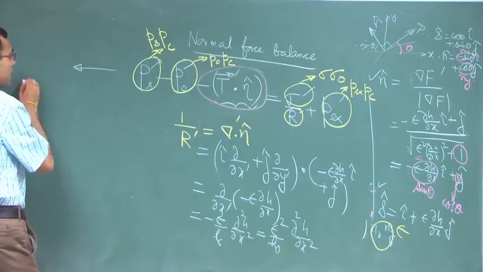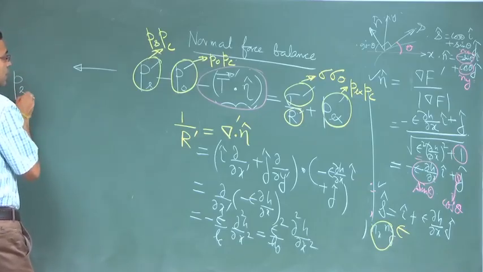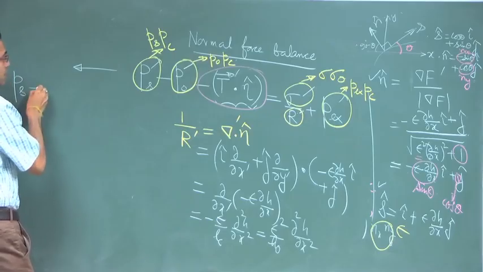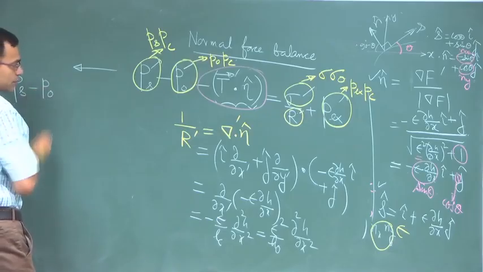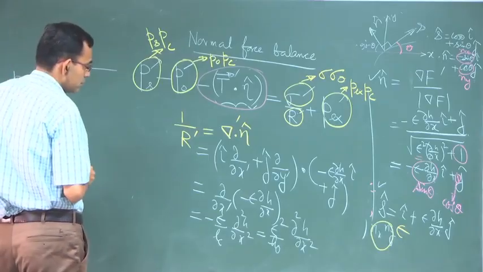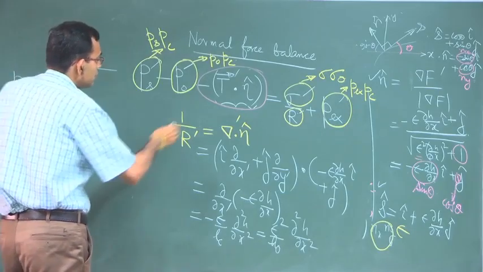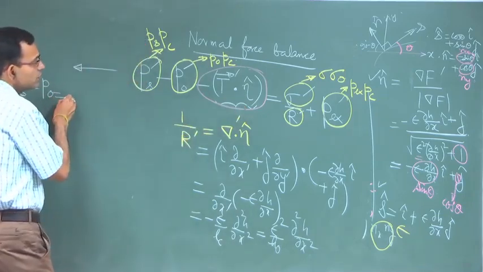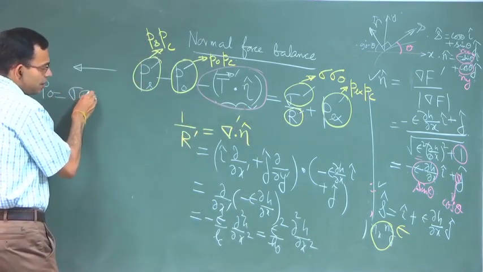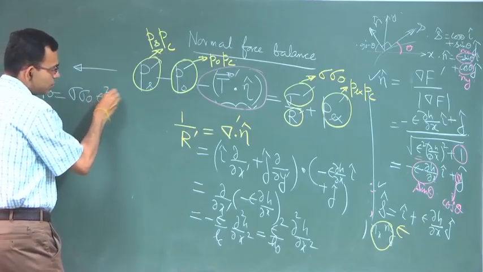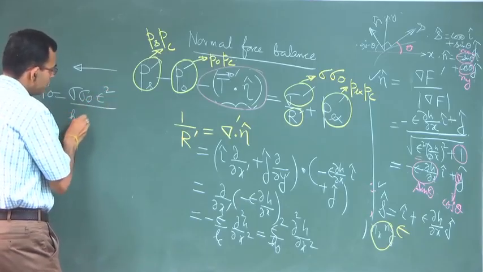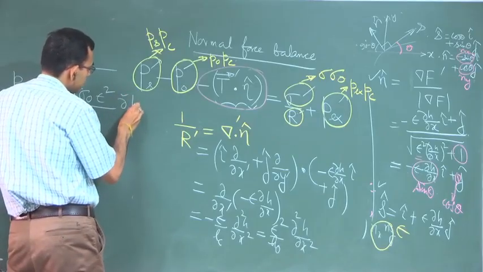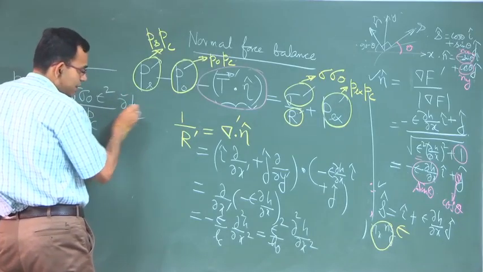So, Ps into Pc minus P0 into Pc. So, Ps minus P0, this is negligible, this red colored thing, is equal to sigma 0 into epsilon square by H naught, we have divided by Pc, with a minus sign.